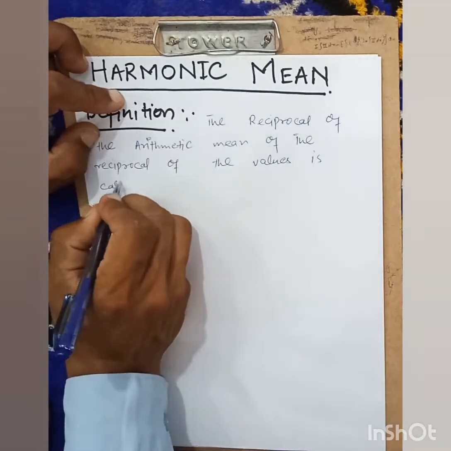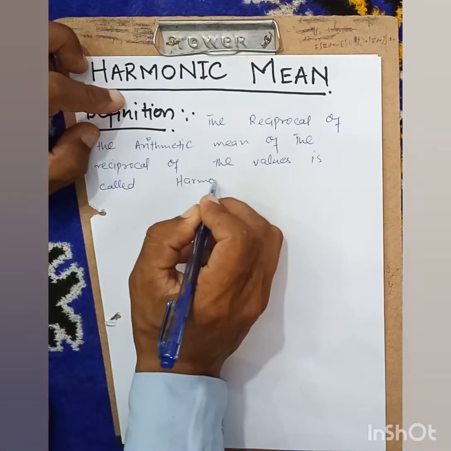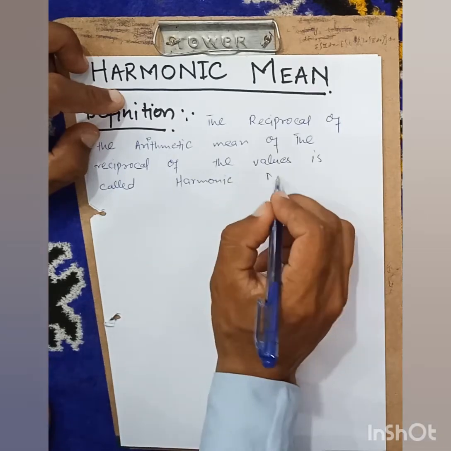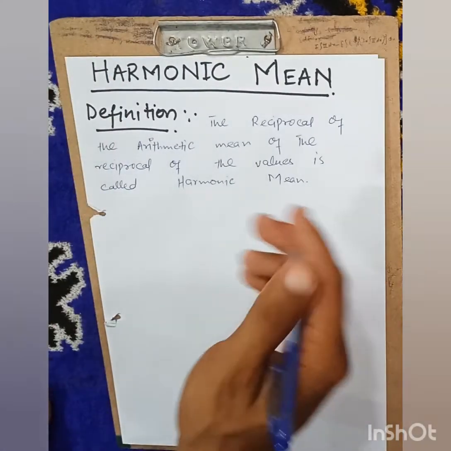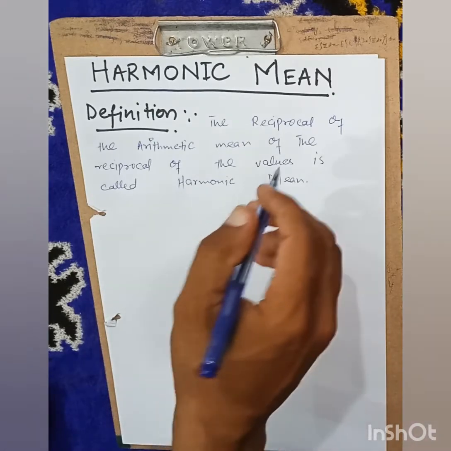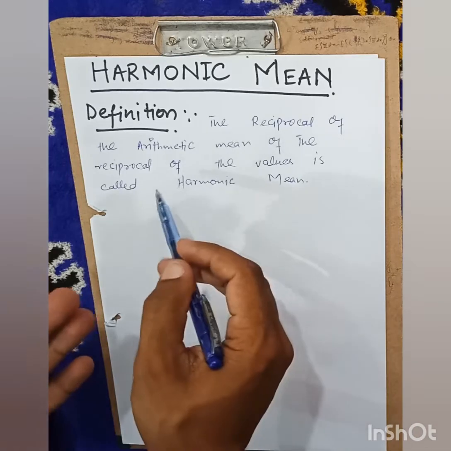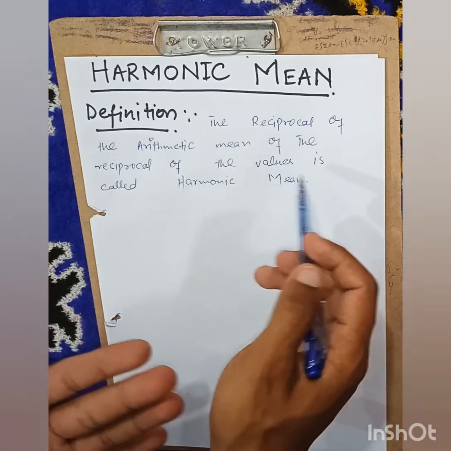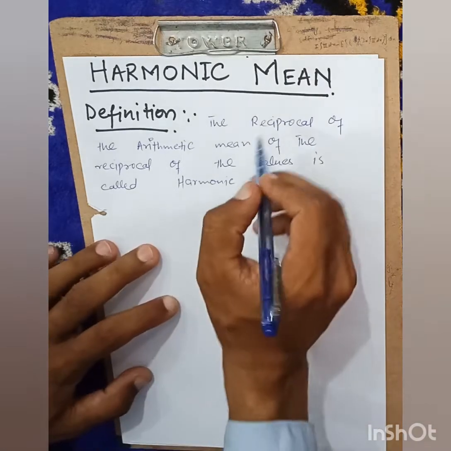The definition of harmonic mean is: the reciprocal of the arithmetic mean of the reciprocals of the values is called the harmonic mean.